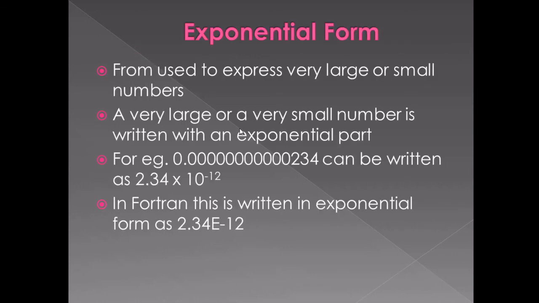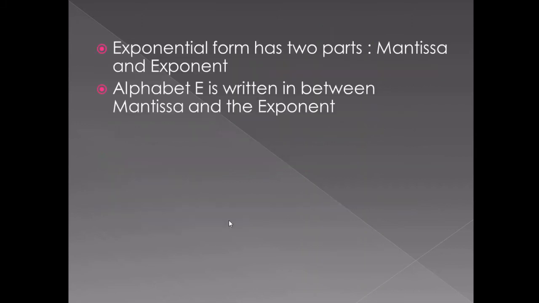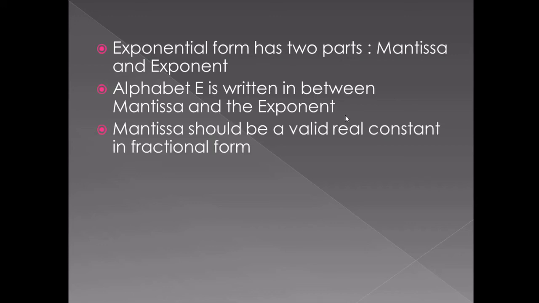So alphabet E is written in between the mantissa and the exponent. This is a correct way of writing a real constant in exponential form. The mantissa should be a valid real constant in fractional form.